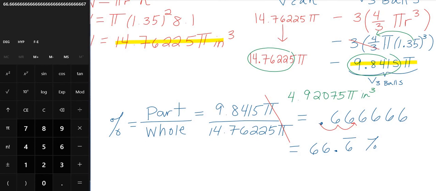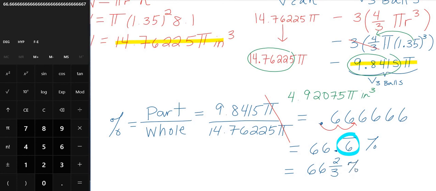You can keep it like this, but on the EOC, they may not let you type in a 0.6 repeating. And you want to be exact. So you need to know that 0.6 repeating is the fraction 2 over 3. So we're going to put in, it's 66 and 2/3%.